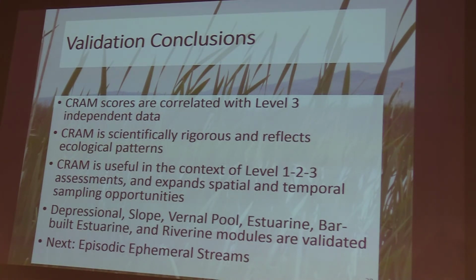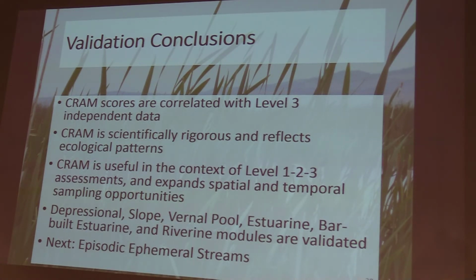We don't want CRAM to replace these level 3 assessments because those are really important. But CRAM does allow you to expand both spatially and temporally your sampling regime. So you can sample a lot more sites, or you can sample more times at any particular site using CRAM than you might be able to do with some of these other methods.